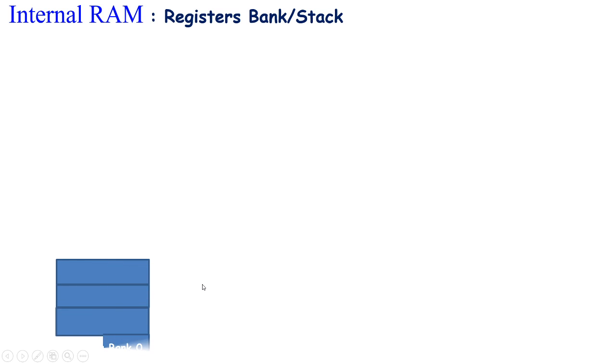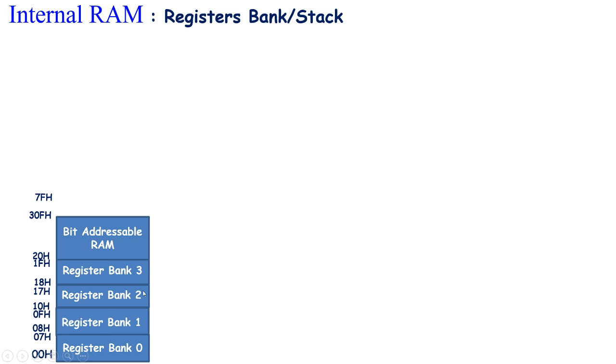Internal memory, how this memory gets distributed into register banks and stack, that we are going to discuss. This internal memory consists of bank 0, bank 1, bank 2, bank 3, bit addressable RAM, and scratch pad random access memory. So these are the addresses. As we know, this memory is 128 bytes. So 00 to 07H, these 8 bytes are reserved for bank 0.